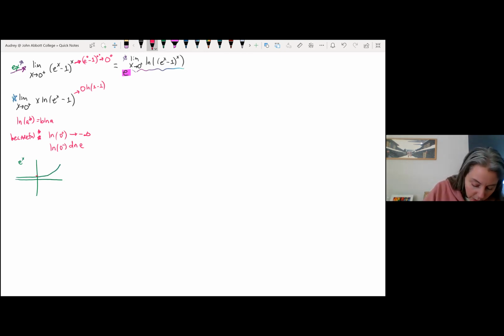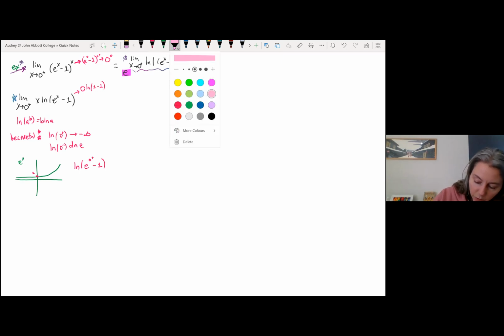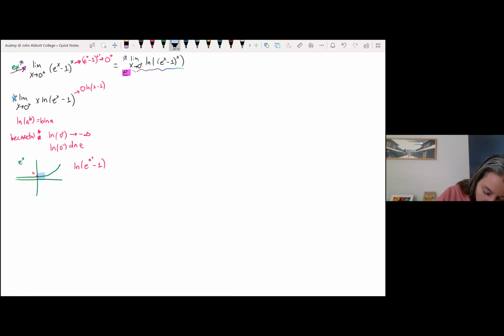I know that at 0, the value is 1 there. So if I'm looking at ln of e to the 0 from the right minus 1, I want to know, is the 0 in here 0 from the right or 0 from the left? When I'm looking at 0 from the right, as my x values get closer and closer to 0 on the right side, those values are bigger than 1.